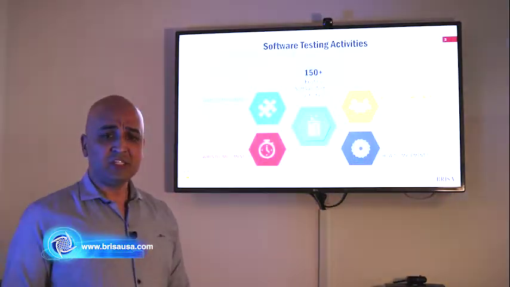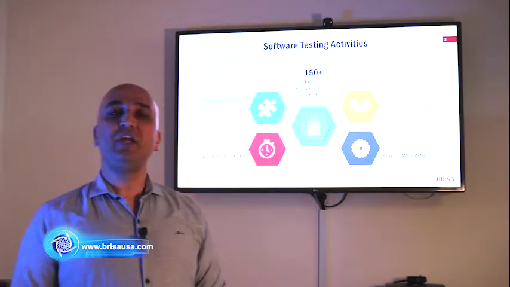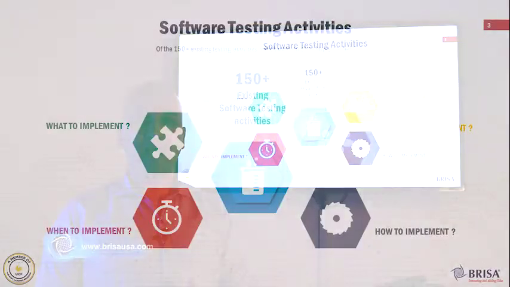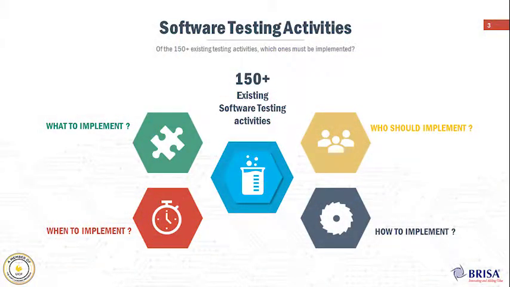However, it is important to note that there are 150 existing software testing activities to be implemented. And many times, software companies are just too casual about implementing software testing activities in their projects. Many questions arise, like: from these 150 testing activities, which ones should we implement?